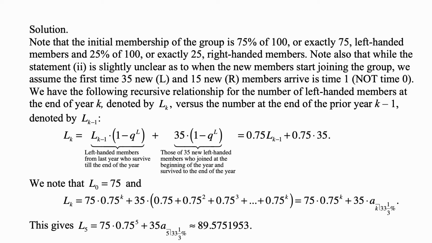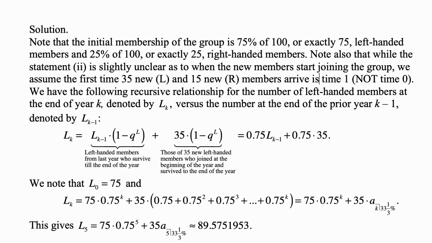We have the following recursive relationship for the number of left-handed members at the end of year K, denoted by LK, versus the number at the end of the prior year, K minus 1, denoted by LK minus 1.